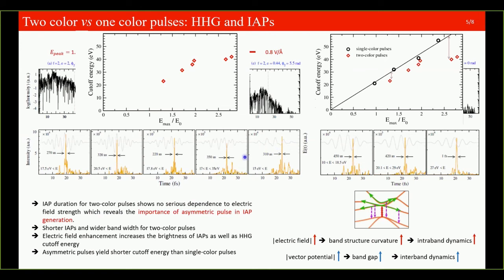Okay. Also, the isolated attosecond pulse duration for the two-color pulses is much shorter than for the single-color pulse, as well as the bandwidth, which is much wider than the bandwidth here.